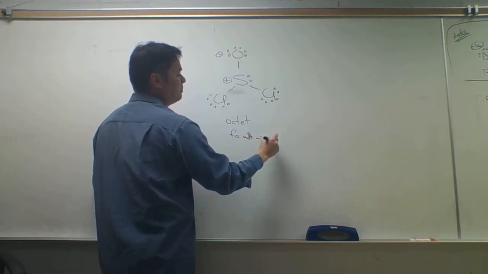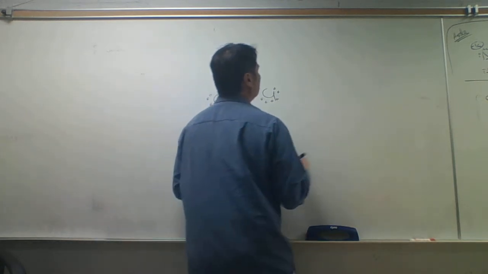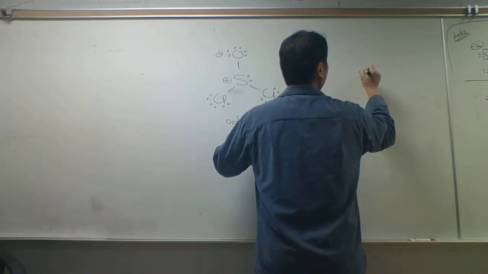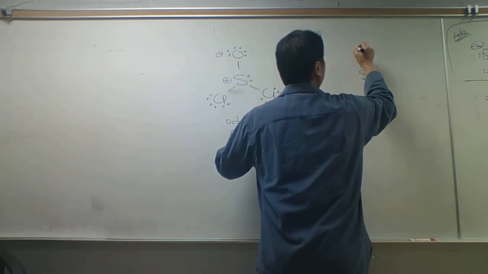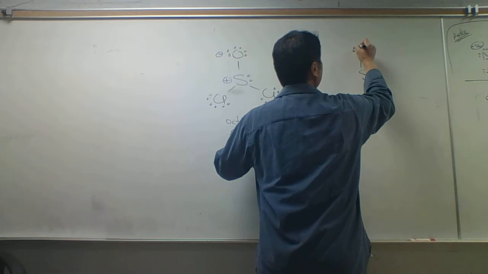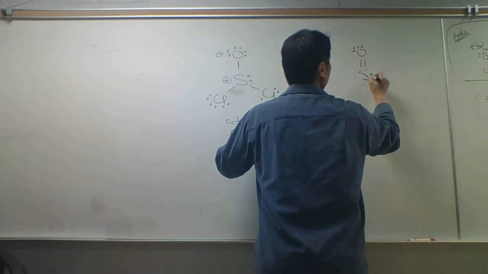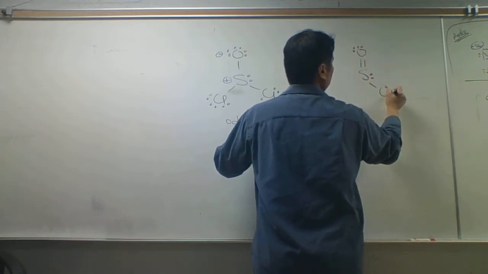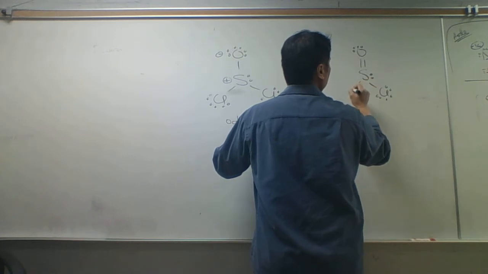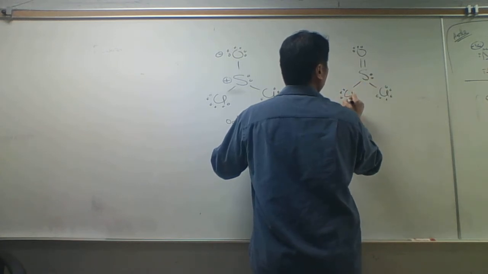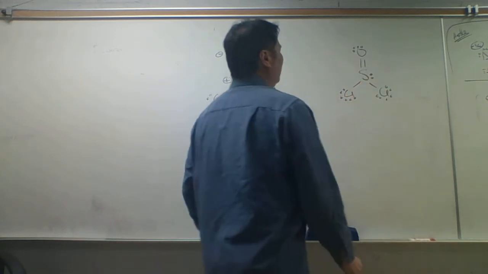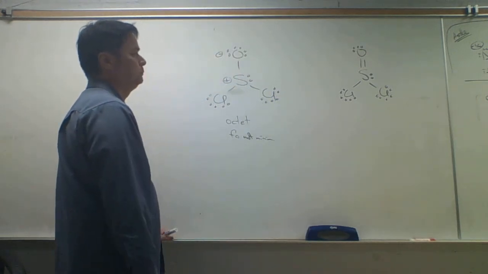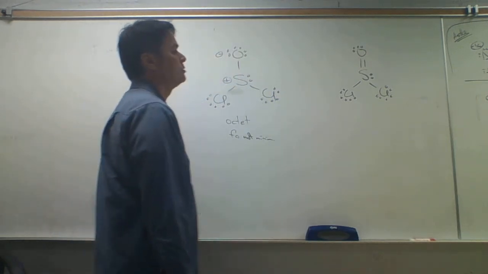So it has an octet, but the formal charge is not minimized. What I mean by not minimized is we can minimize this formal charge if we do what's called an expanded octet. If we expand the octet on sulfur, then it's possible to drop the formal charge down to 0.